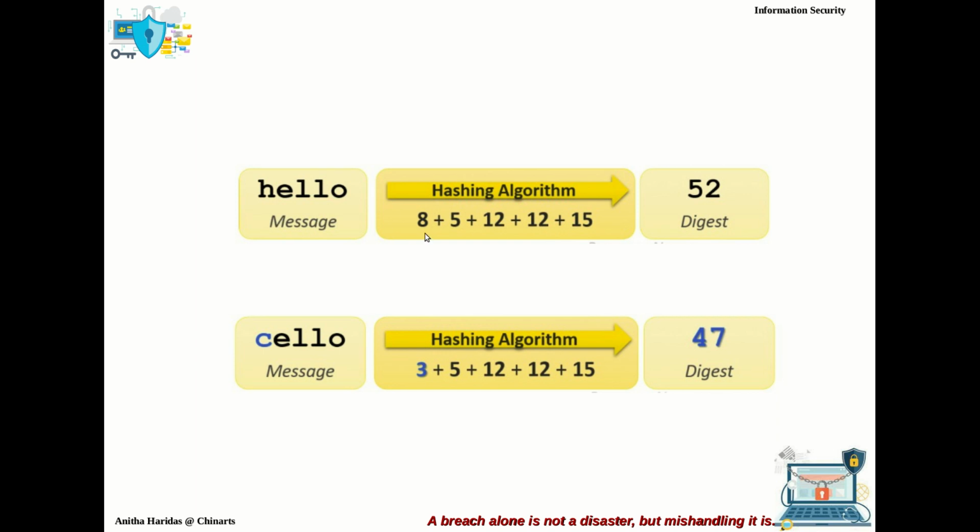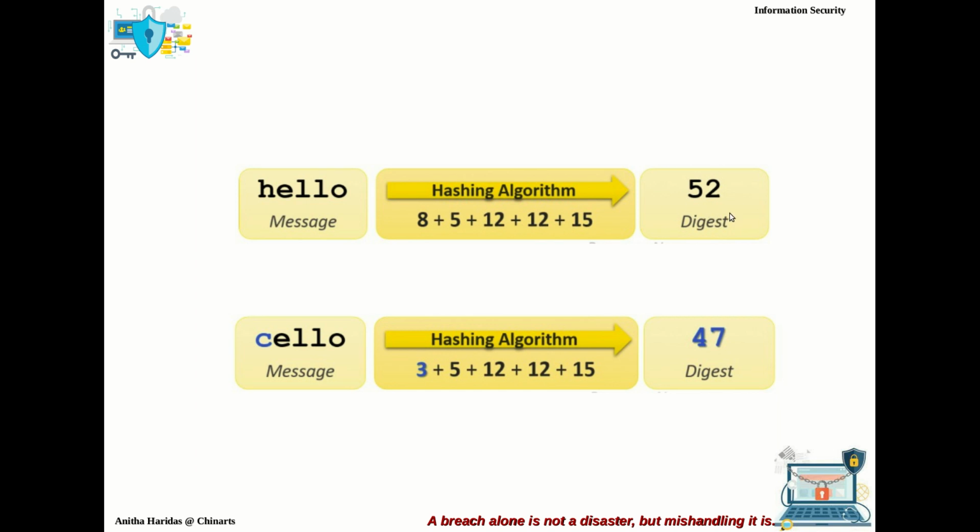H is the eighth one, E is the fifth character, L is the 12th character. We add all these numbers and get a value of 52. So for these 5 characters, I have one integer number, 52. Obviously this is smaller in size compared to the original message. This is what we call the message digest.